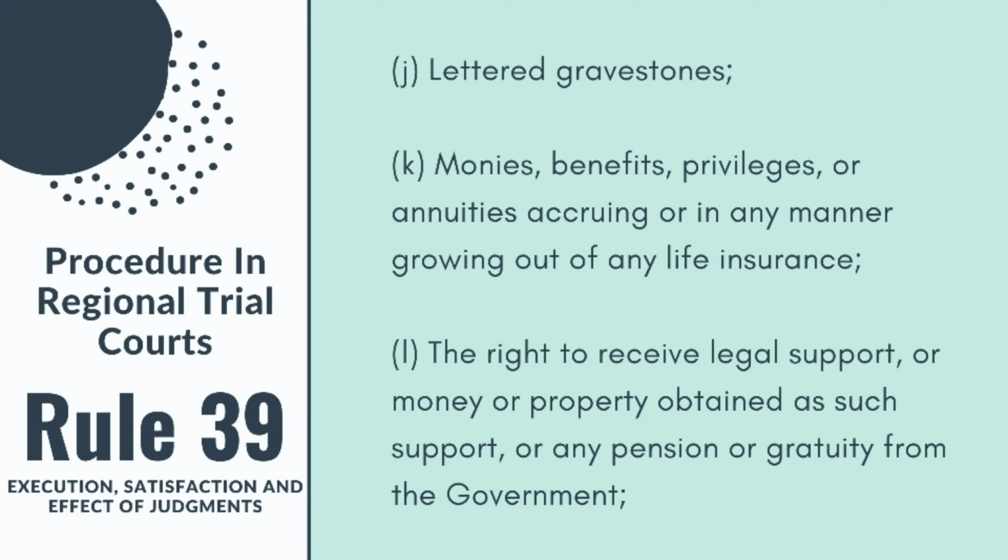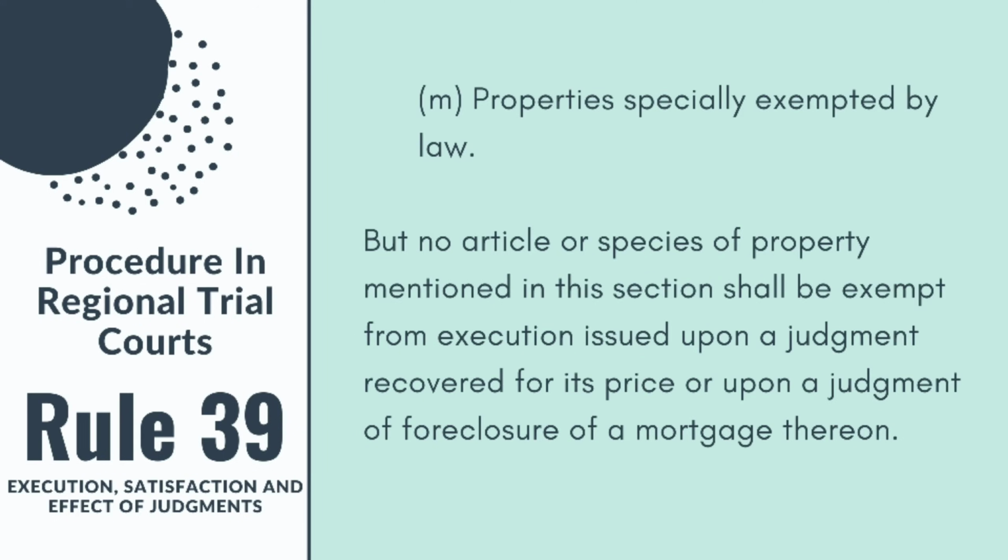L. The right to receive legal support, or money or property obtained as such support, or any pension or gratuity from the government. M. Property specially exempted by law. But no article or species of property mentioned in this section shall be exempt from execution issued upon a judgment recovered for its price, or upon a judgment of foreclosure of a mortgage thereon.